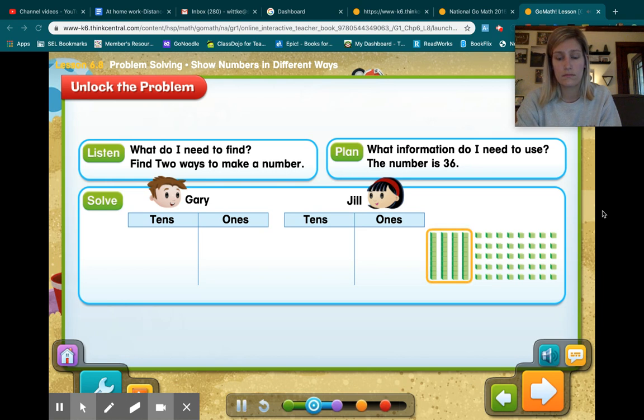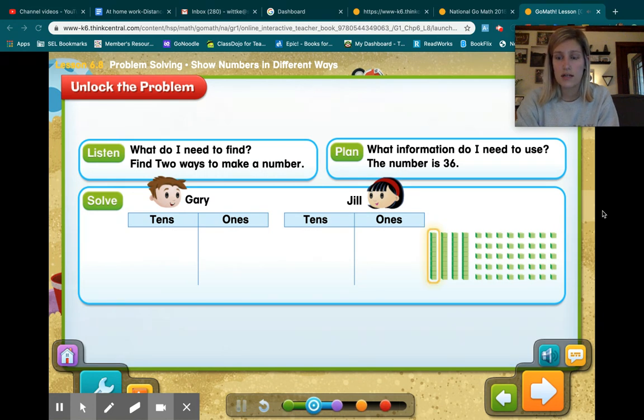There are 4 sheets with 10 stickers on each sheet and 40 single stickers. These blocks show all of the stickers. Let's start by showing 36 stickers for Gary. First, give Gary 3 sheets of 10 stickers. There are 3 tens in 36. Click the tens block to give it to Gary.